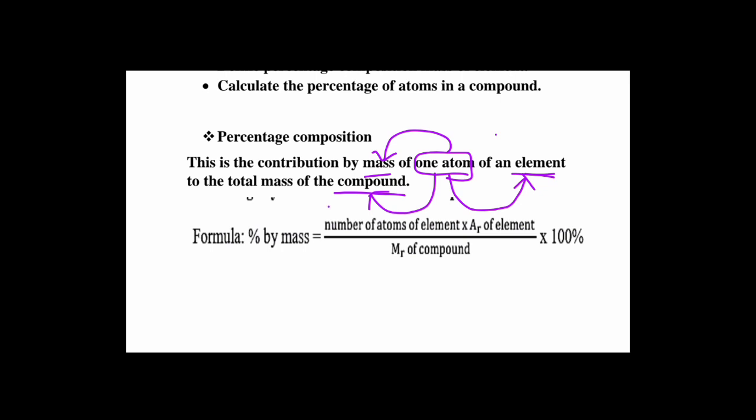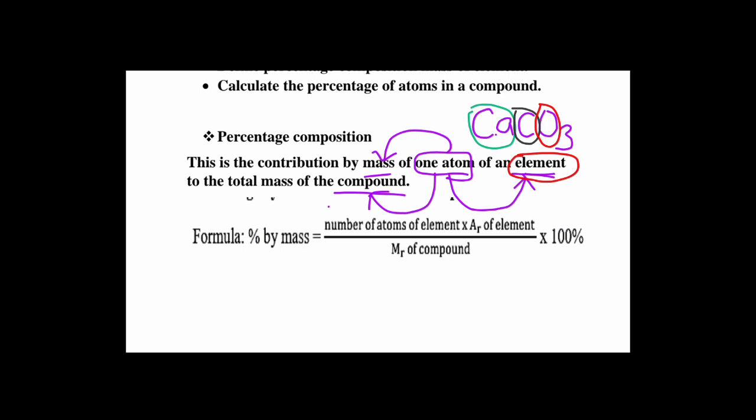For example, when we are looking at the compound calcium carbonate, how many elements will it have? It is going to have 3 elements. We have the element calcium, we have the element carbon, we have the element oxygen. This is what we are talking about when we say element.